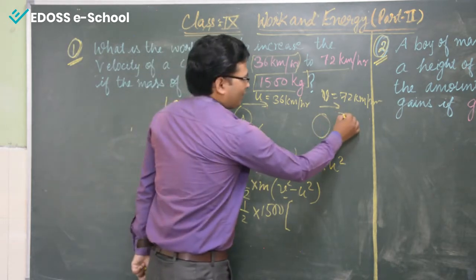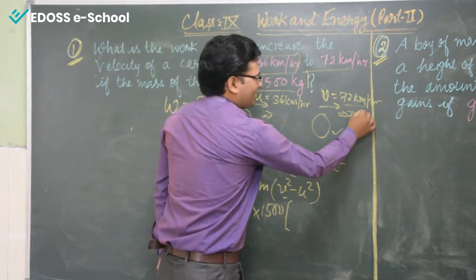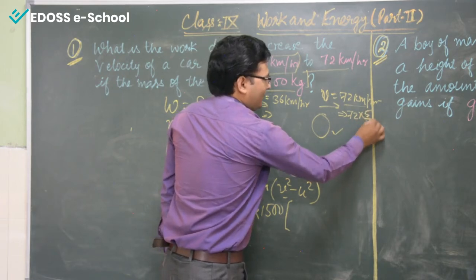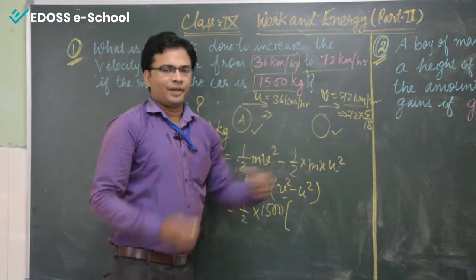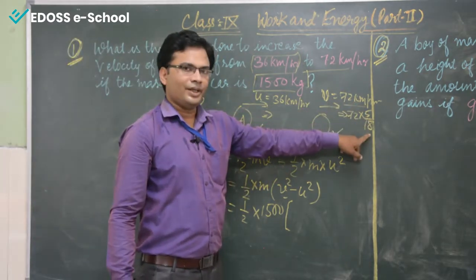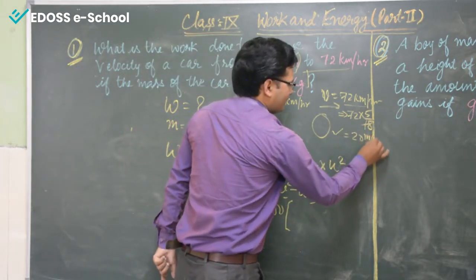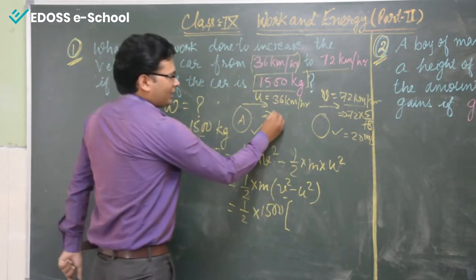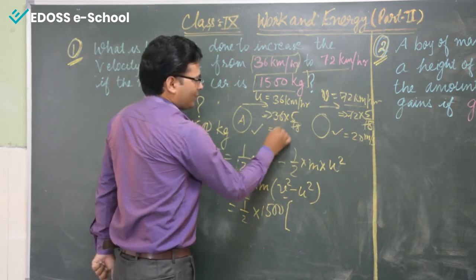So we need to convert them. 72 kilometer per hour means 5 by 18. As you know, we need to convert it into meter per second. Kilometer per hour can be converted into meter per second by multiplying the digit by 5 by 18. So this becomes 20 meter per second, and here initial velocity becomes 36 into 5 by 18, which means 10 meter per second.